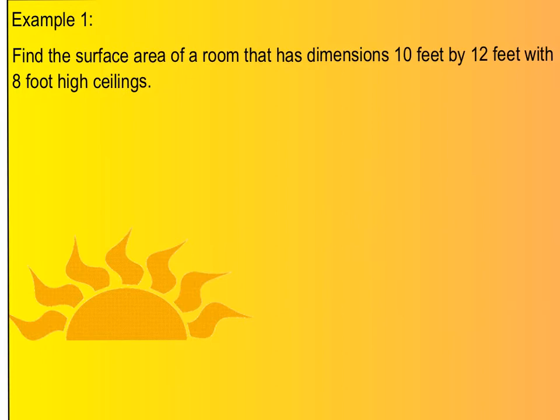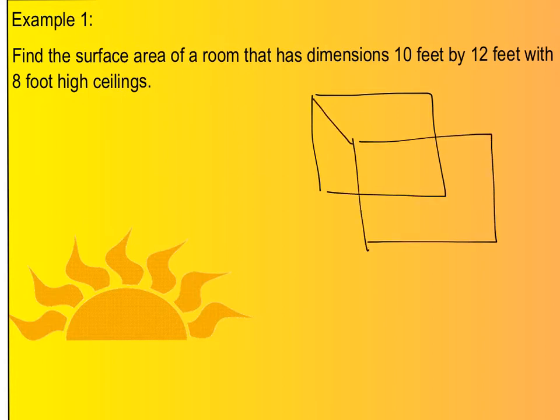So let's go back to our entrance question, where we're finding the surface area of a room that has dimensions of 10 feet by 12 feet by 8 feet. It's always a good idea to draw a physical representation, adding in our dimensions one more time. I like to think of this in terms of the room.